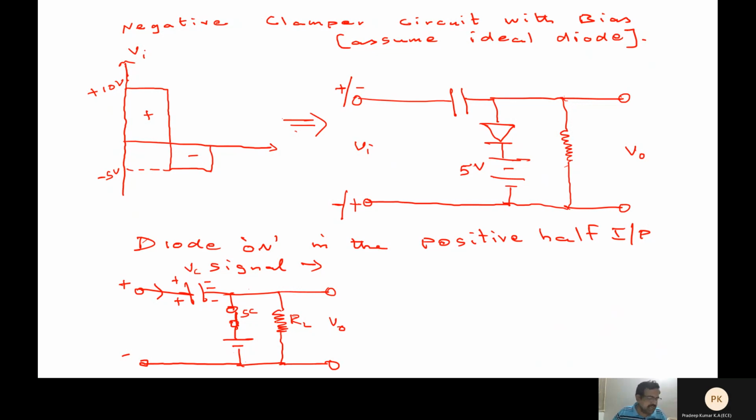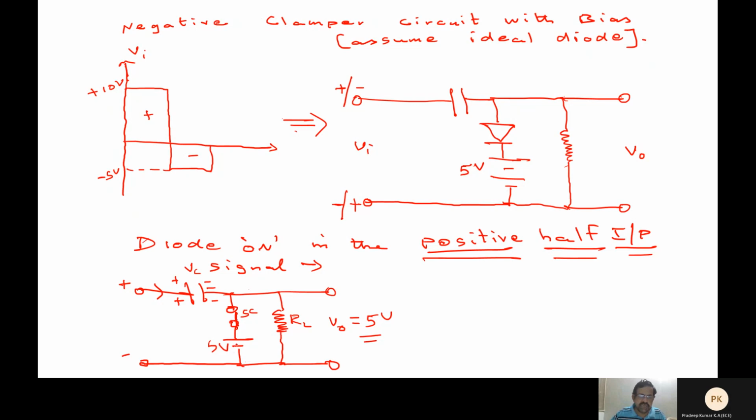Now this V0 is very clear. What will be the value of V0 in this case? V0 will be across this 5 volt. So again V0 will become straight away 5 volt in this positive half cycle, because that is when it is shorted.